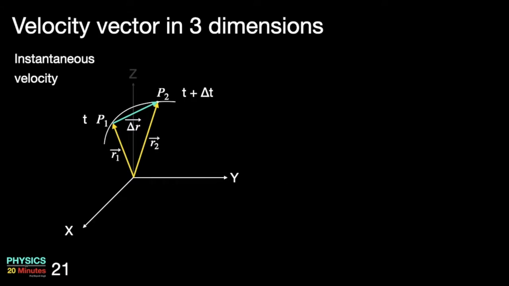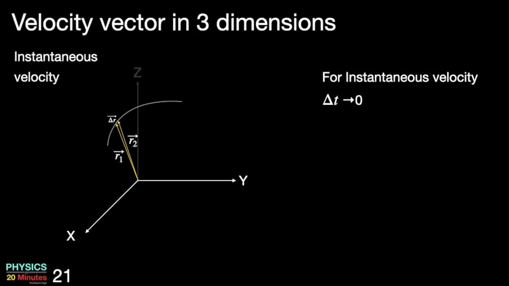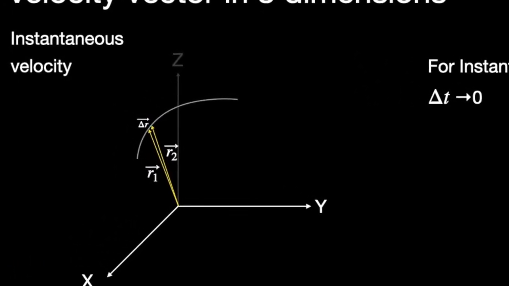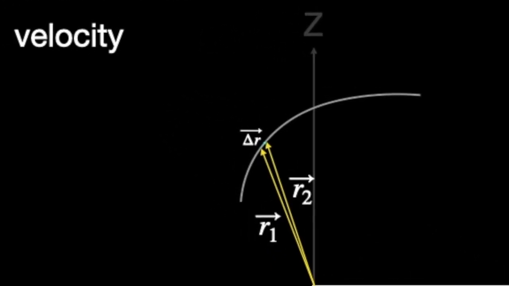What about the instantaneous velocity? In earlier videos, we have learned that in order to find the instantaneous velocity, we have to take the limit of time delta t to 0. Once you do that, the point P2 will approach very close to point P1 and the vector delta r will almost become tangential to the path.